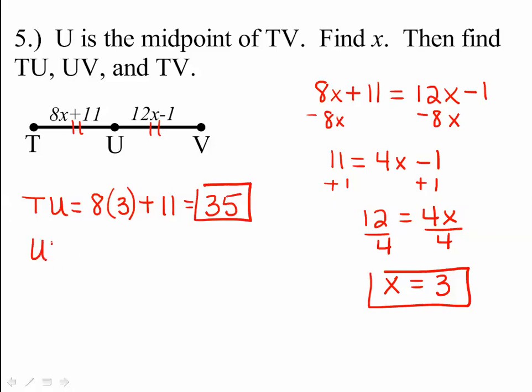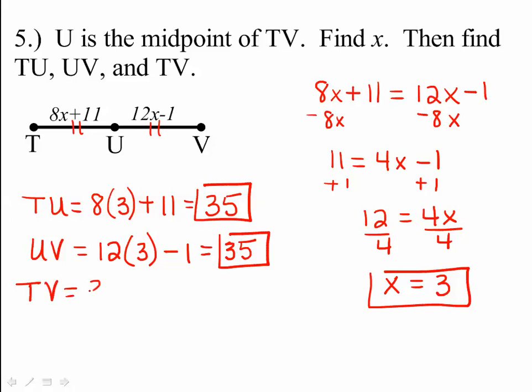UV is 12 times x, or 12 times 3, minus 1. 12 times 3 is 36, and 36 minus 1 is 35. Notice we know our answer makes sense because we know that TU and UV are supposed to be the same length. And in order to find TV, we can simply add 35 plus 35, and so the total length is 70.